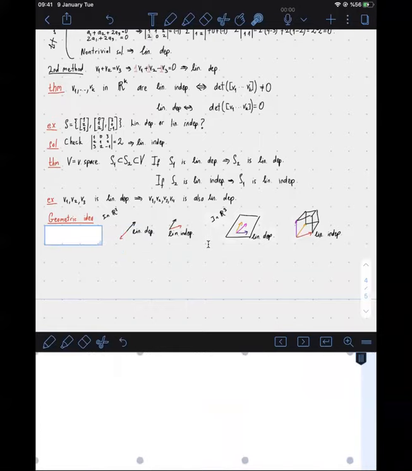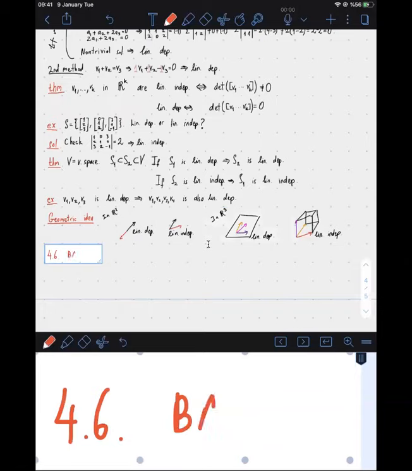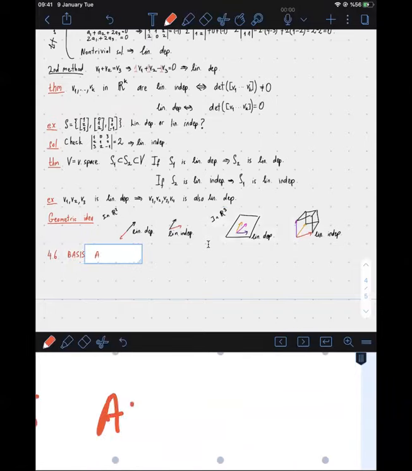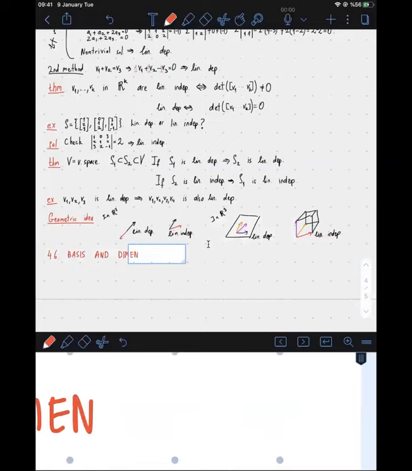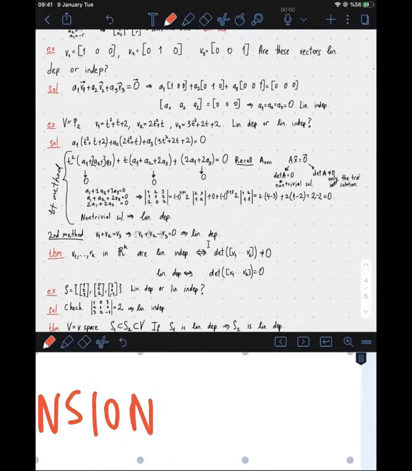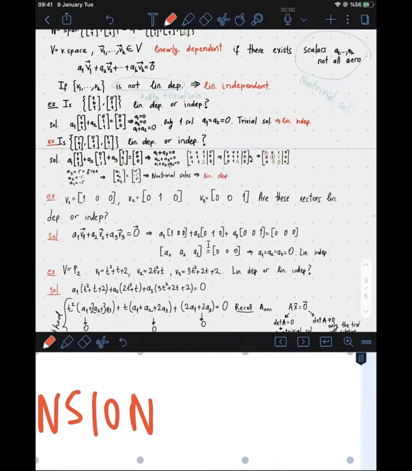Okay. So the next section is 4.6, and it's about basis and dimension. Let me also put the date for today. Let me see, where did we start?